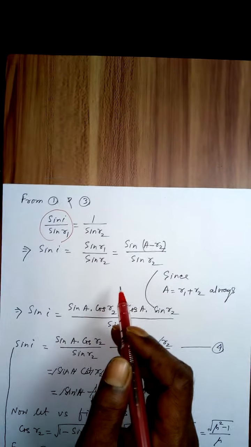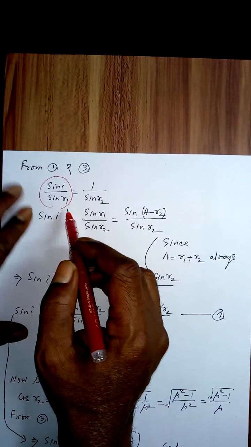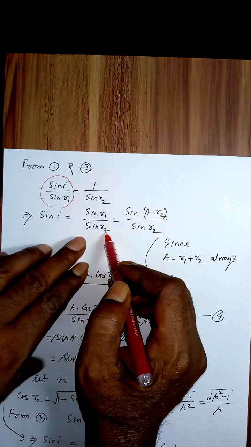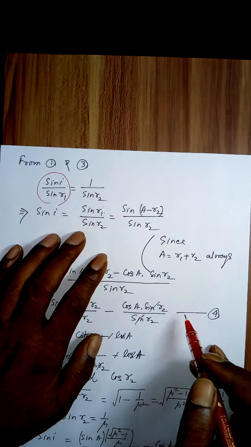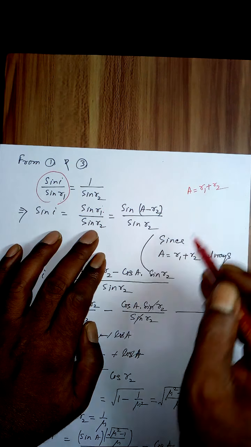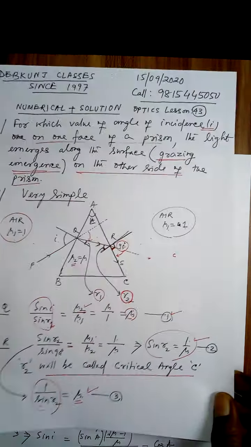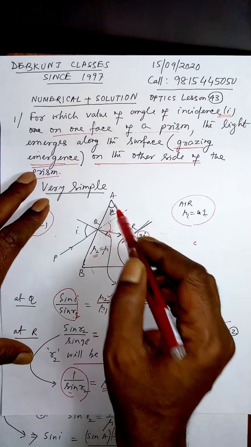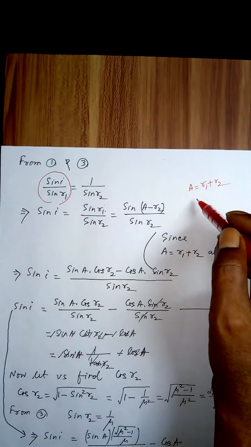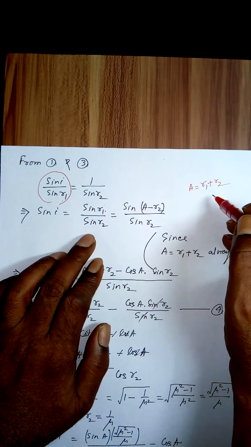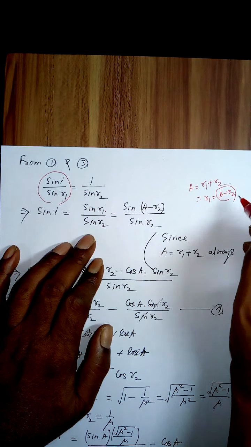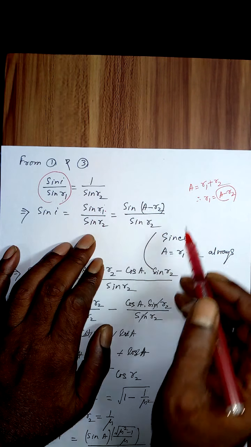Now I take sin R1 to this side, so sin I is sin R1 by sin R2. Now how much is R1? Previously we derived that in all cases the angle of the prism is equal to R1 plus R2. So A is equal to R1 plus R2, therefore R1 is equal to A minus R2. For R1 I substitute A minus R2.